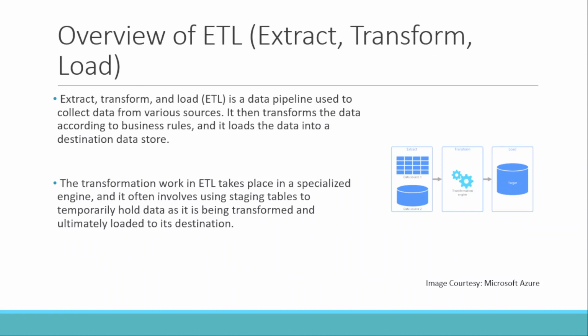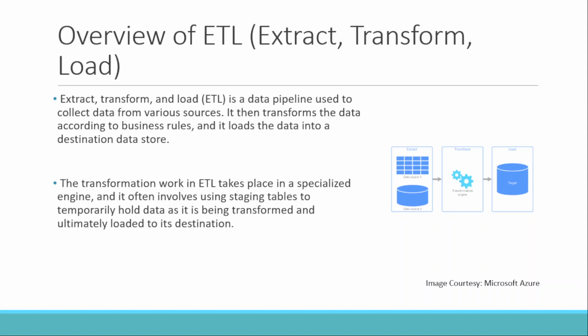If we talk about the overview of the ETL process, extract, transform and load, or ETL, is a data pipeline that is used to collect data from various sources. It then transforms the data according to business rules, and loads the data into a destination data store.